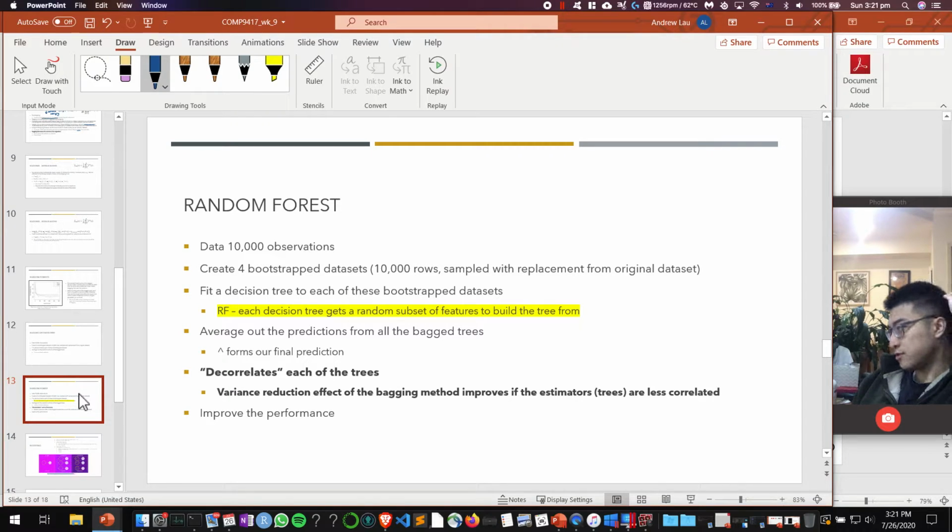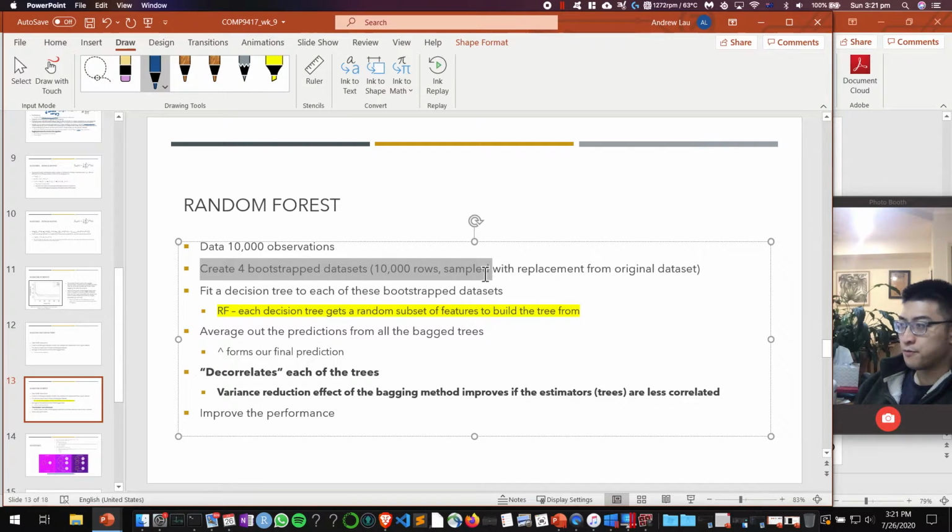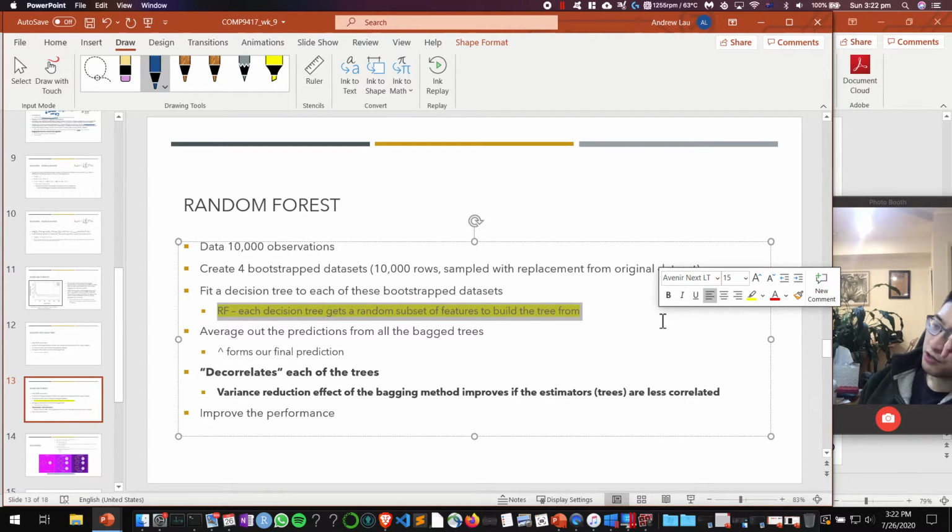Now the next one is your random forest. Let's go through this again. It's quite similar. We have our 10,000 observations and we create 4 bootstrap data sets. You fit the decision tree as per normal, but the difference here is that each decision tree will get a random subset of features to build the tree from. You can imagine that those 4 bootstrapped decision trees are probably going to be reasonably similar, because you're building the tree on the same sort of data set.